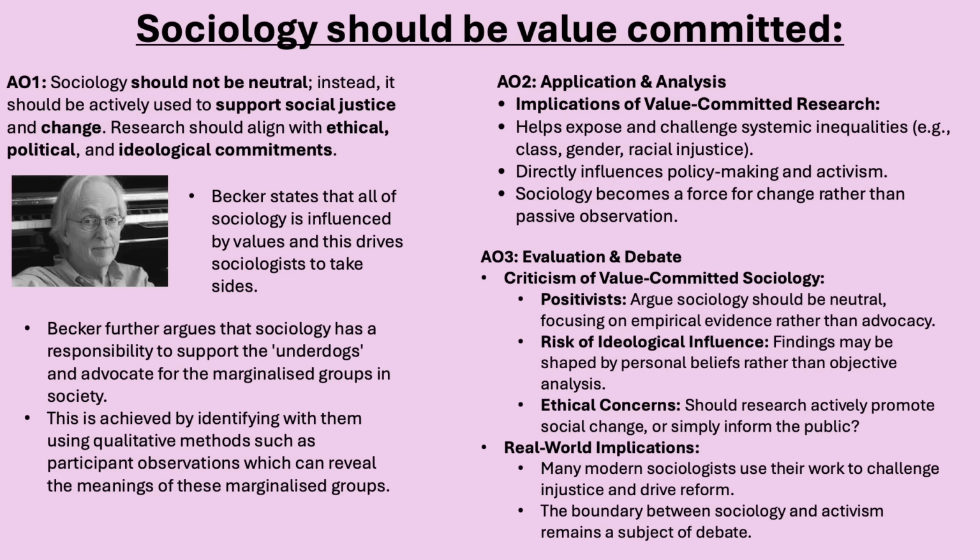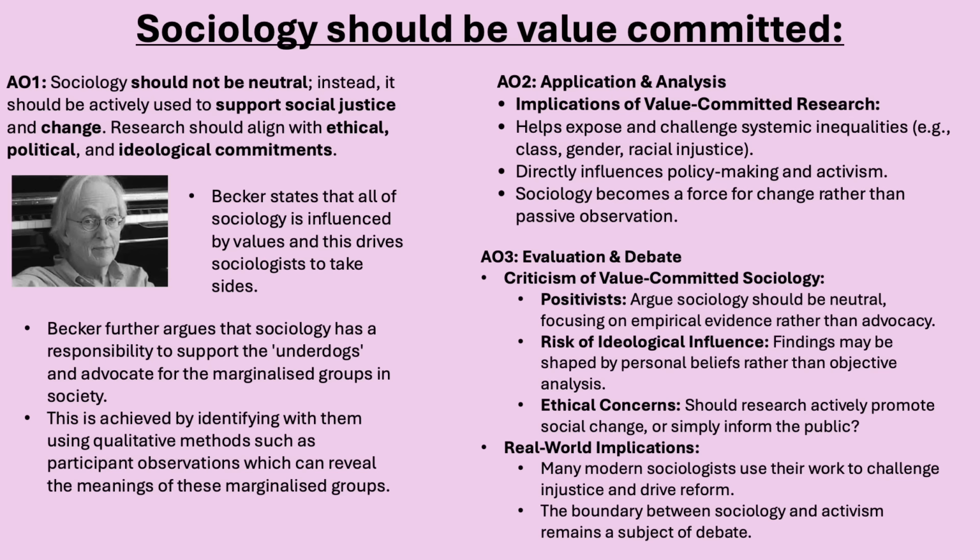Again, positivists would argue that sociology should be neutral, focusing on empirical evidence rather than advocacy. And there's a risk of ideological influence. Findings may be shaped by personal beliefs rather than objective analysis. Ethical concerns: should research actively promote social change or simply inform the public?